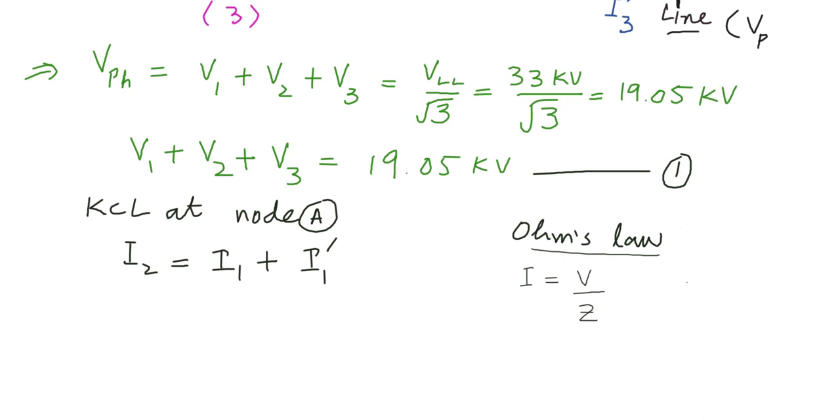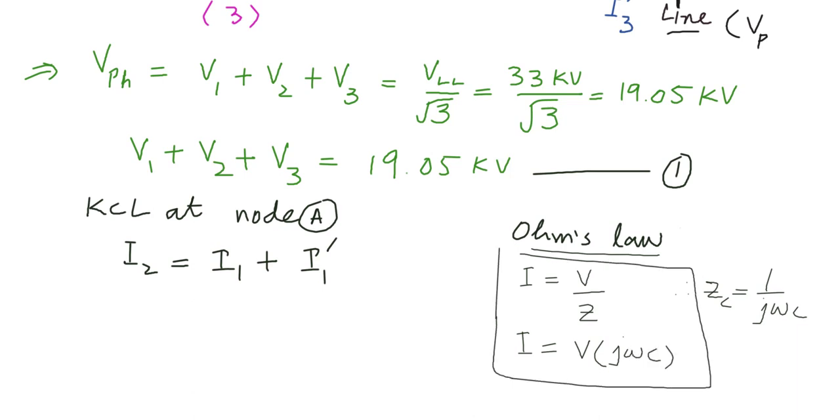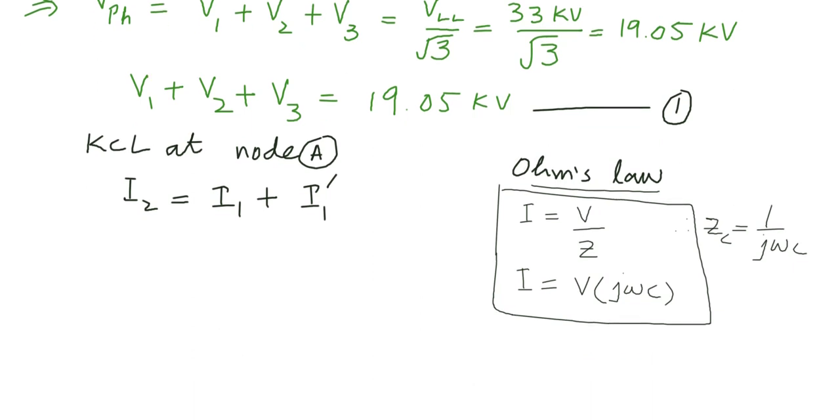So impedance of a capacitor ZC is equal to 1 over j omega C. Okay, so current through any capacitor will be equal to V multiplied by j omega C. So we will use this rule to put the expressions for I1, I1 bar and I2.